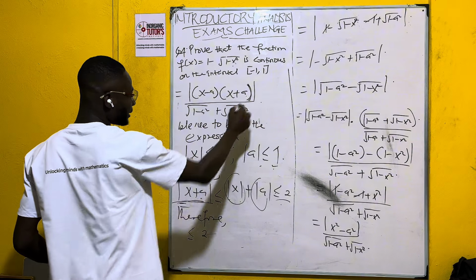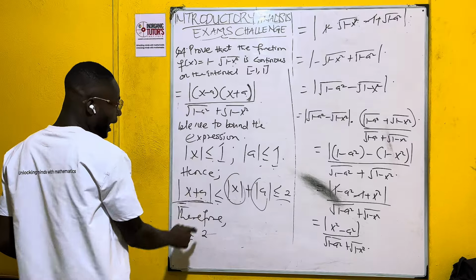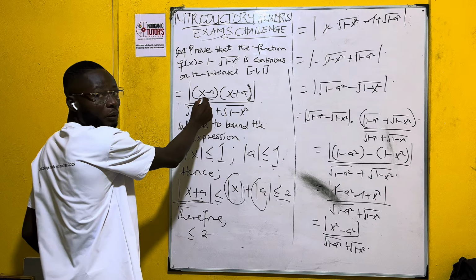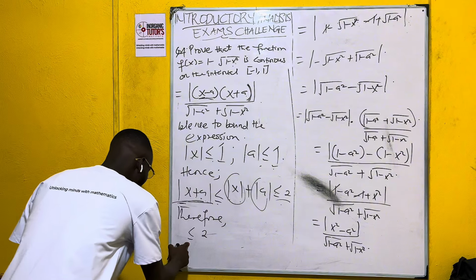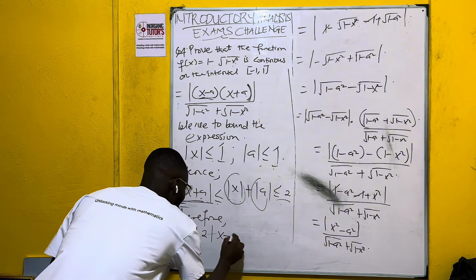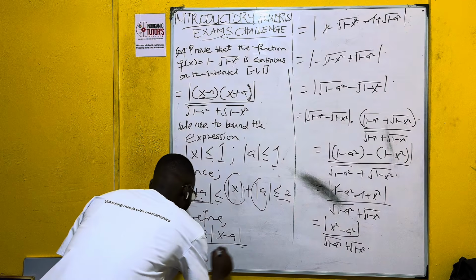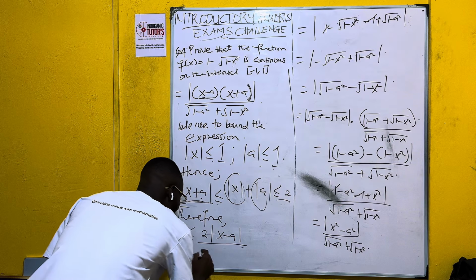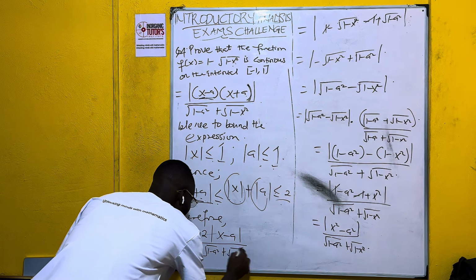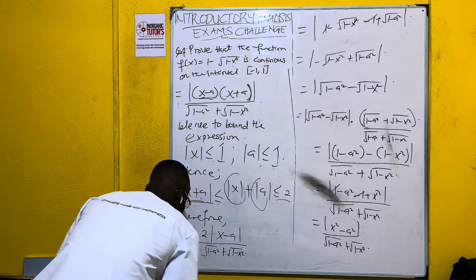We bounded this. So this term here is 2 times the remaining one, so we have less than or equal to 2 times the absolute value of x minus a divided by square root of 1 minus a squared plus square root of 1 minus s squared, right?